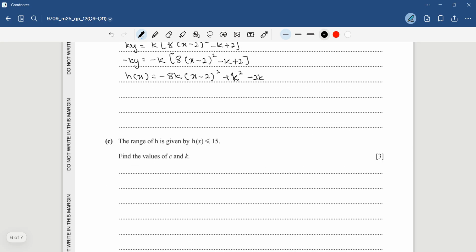And then the question said the range of h is given by h(x) less than or equal to 15. Let's say equal to 15. So this is a maximum graph because it's negative 8k. It's something like this, and this maximum point will be k squared minus 2k.